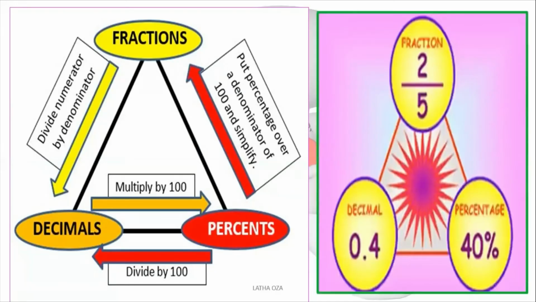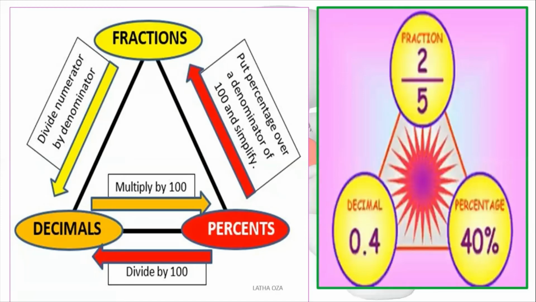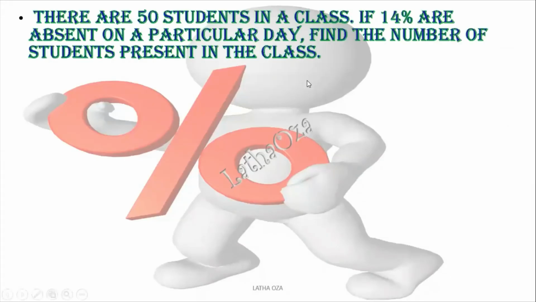To understand it, we can see an example. 2 by 5, which is in the fraction form, is equal to 0.4 decimal, which can be converted into percentage as 40%.